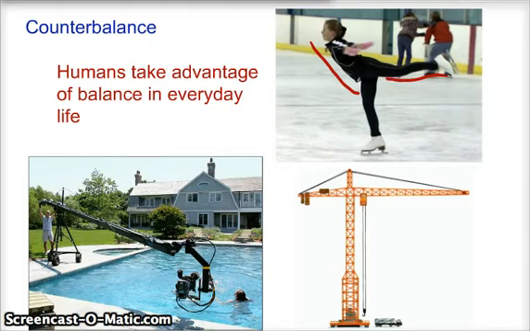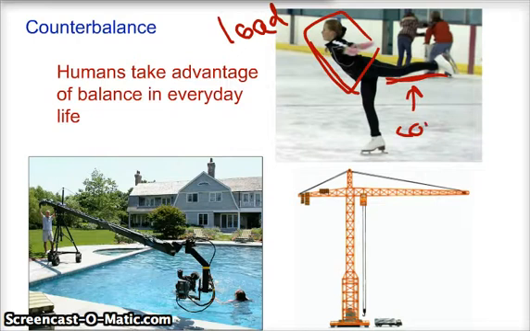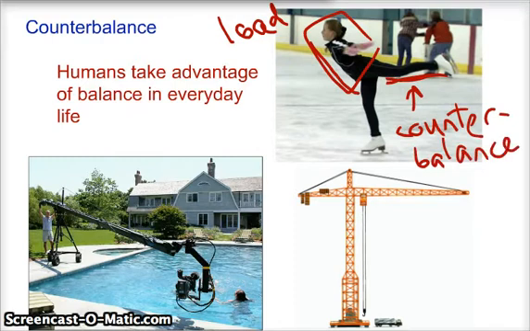And so, just to use some technical terms from your book, here the torso would be called the load, L-O-A-D, and the back leg here would be called the counterbalance. So those are just some terms from your book to remember. The weight that's being offset by the counterbalance we call the load.